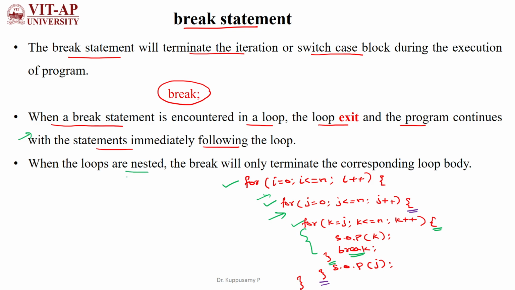When the loops are nested, the break will only terminate the corresponding loop body. As we have discussed, when you apply the break in the kth index for loop, only the kth for loop execution breaks, and it will continue the jth for loop. So the break statement is very useful to terminate the execution of that particular body of the loop.